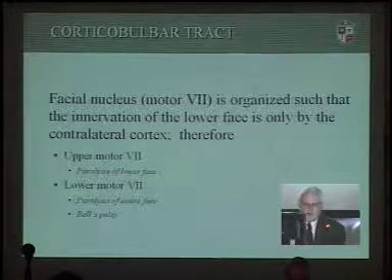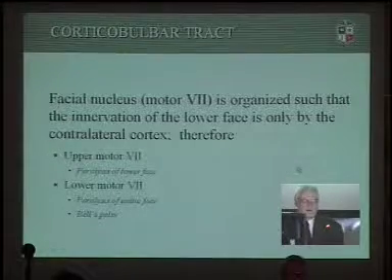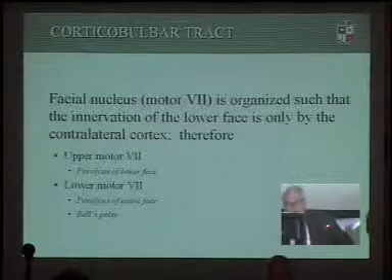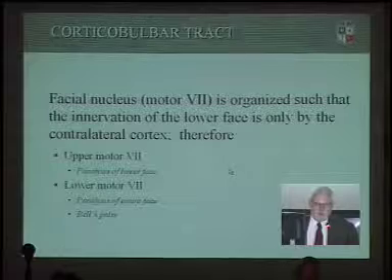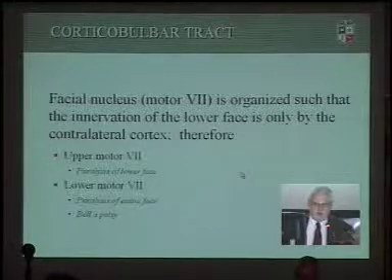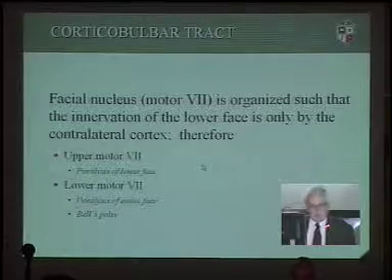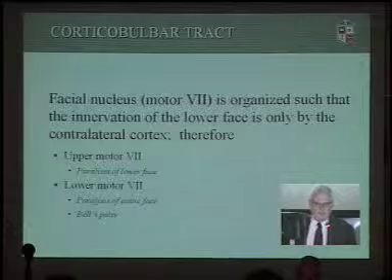And I'm sure that you remember the facial nucleus. This is one of those which is invariably asked in licensing examinations. They ask you to distinguish whether a specific type of symptomatology would be damage to the upper motor neuron or lower motor neuron.